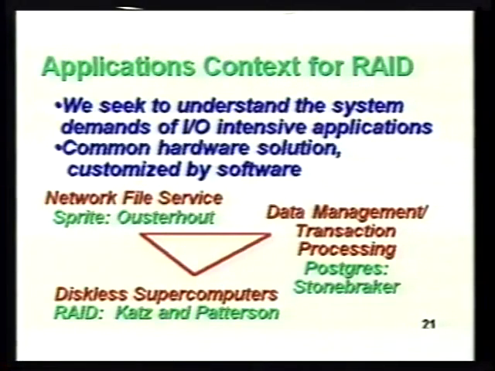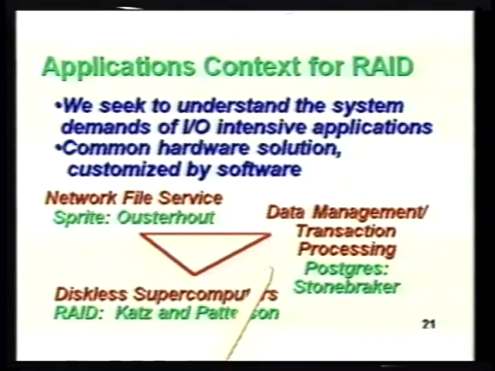Well, not only do we try and come up with organizations and think about building things, we actually try and do this in a research context that involves multiple disciplines. So the project that I've been talking about, the RAID effort, was led by Professor Randy Katz and myself. But the context that we did this research included network operating system and file system work by John Osterhout, particularly his Sprite project, a Unix-like operating system with many interesting features.